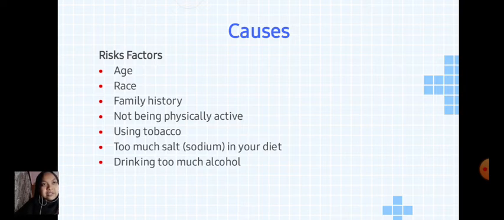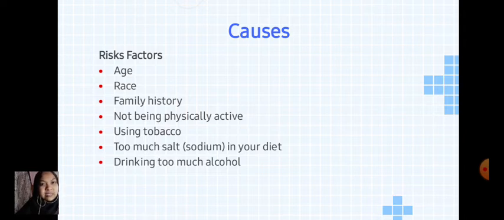Lack of physical activity also increases the risk of being overweight or obese. The more you weigh, the more blood you need to supply oxygen and nutrients to your tissue. As the amount of blood flowing through your blood vessels increases, so does the pressure on your artery walls.